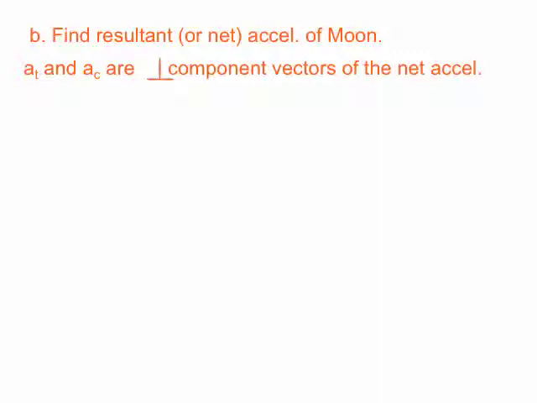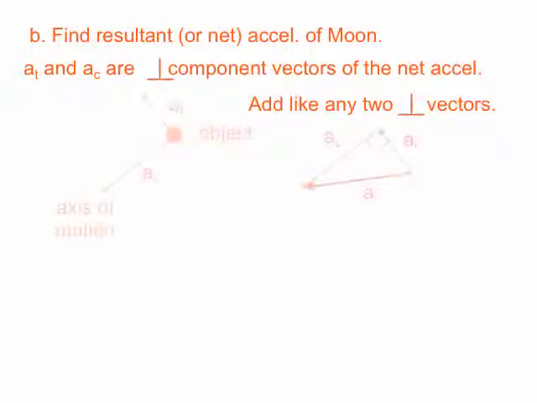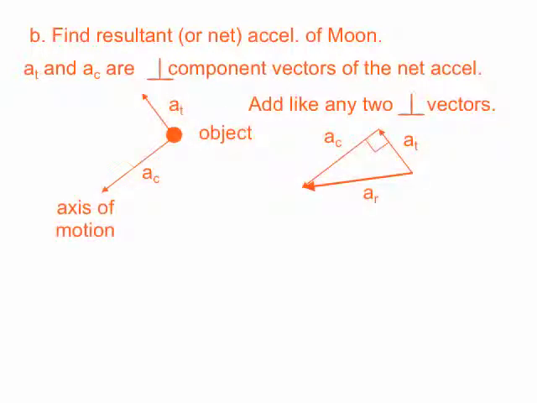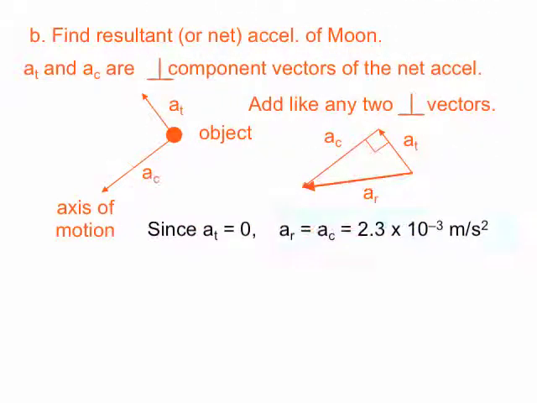Let's find the resultant now, or the net acceleration of the moon. Since tangential acceleration and centripetal acceleration are perpendicular component vectors of the net acceleration, we can add them like any two vectors. Now, what do we know though?